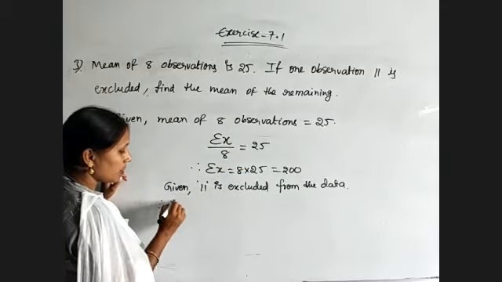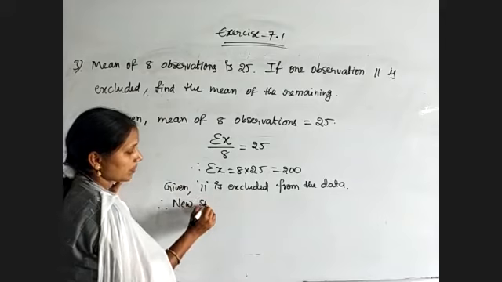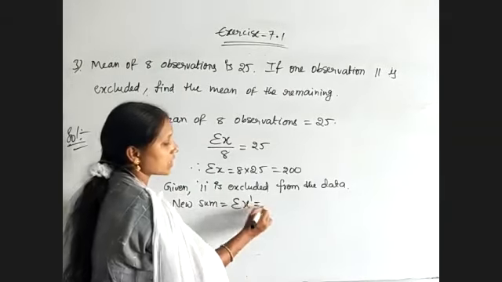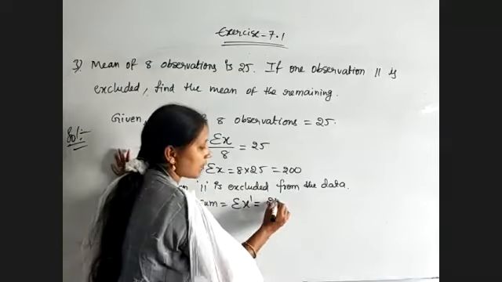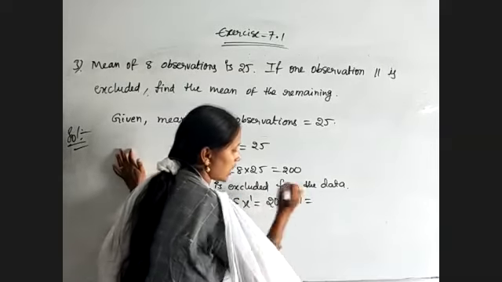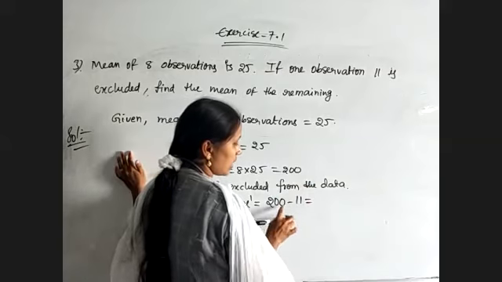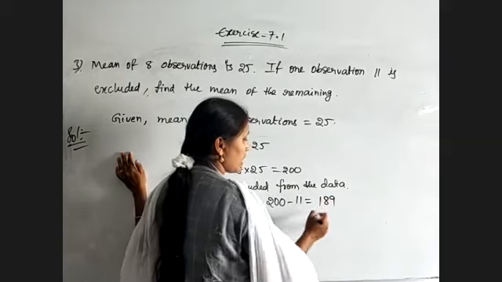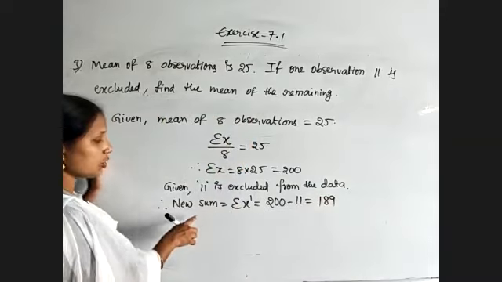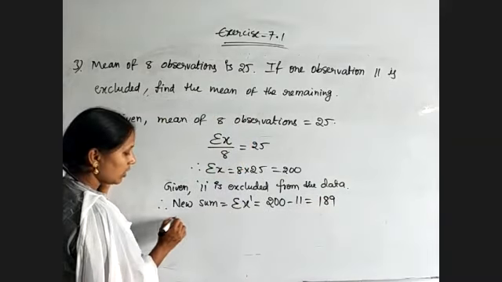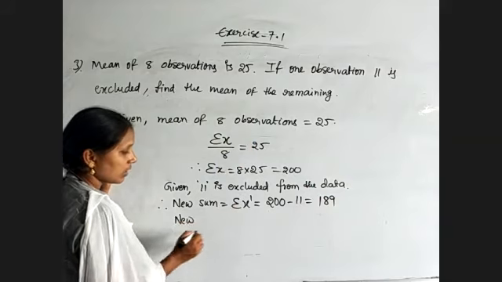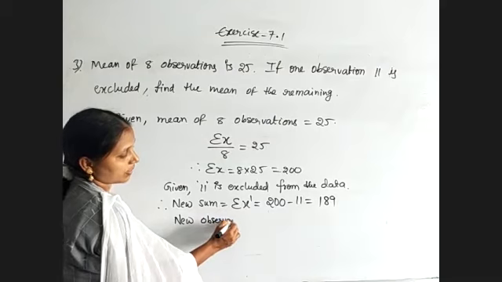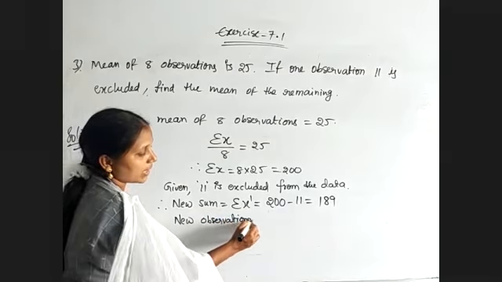Therefore, the new sum, sigma x dash, is equal to 200 minus 11, which is nothing but 189 is the new sum. And the new number of observations: 11 is excluded, therefore 1 is removed.